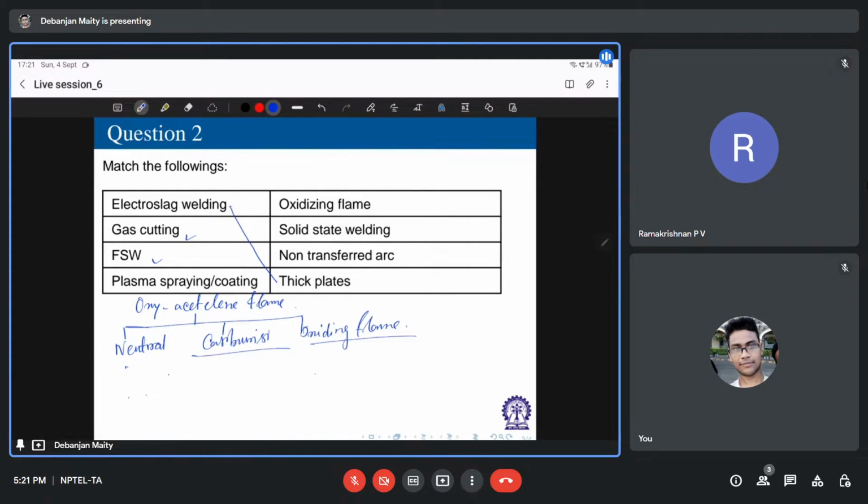I discussed it earlier also, in FSW you'll have something called a tool, and it rotates and plunges over the workpiece, and this happens mostly at 0.5 or 0.6 of the melting temperature of the base material.